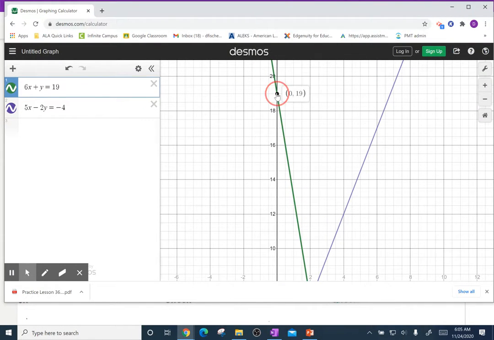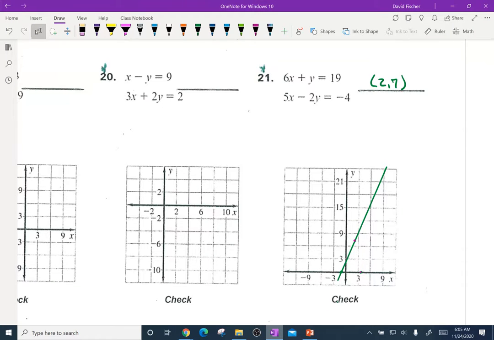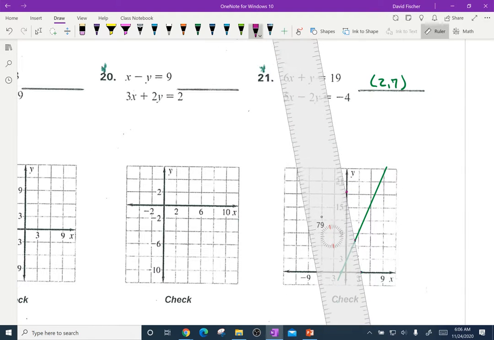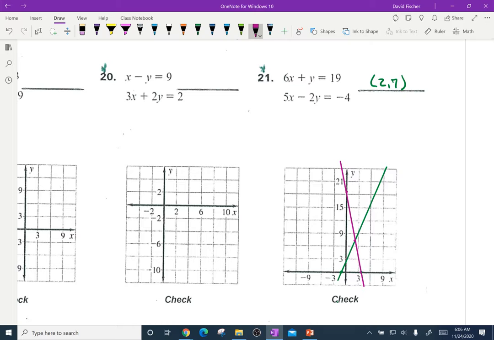So my y-intercept is 0, 19, so let's see if we can find 19 on my graph paper. 15, 16, 17, 18, 19, so it's going to be right about in there. And now if we connect our dots, there we go.